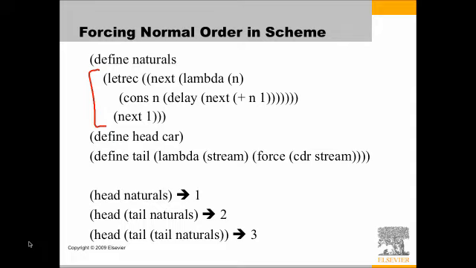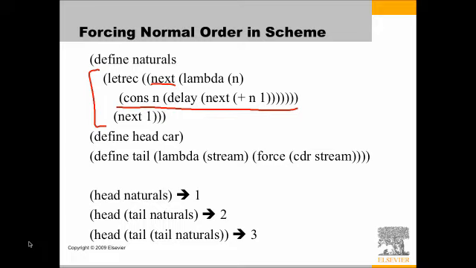And you can see that it is defining a hidden helper function next that is consing n, which is the current natural number, with a call to next, which is going to create the next natural number. And if I didn't put a delay in here, this is just a nested set of conses that's consing everything together.